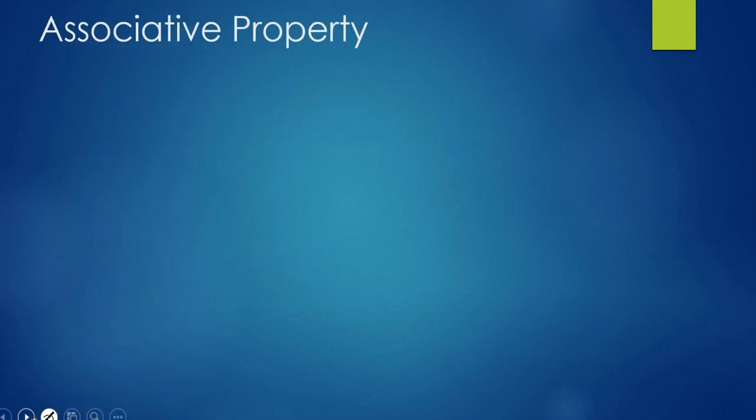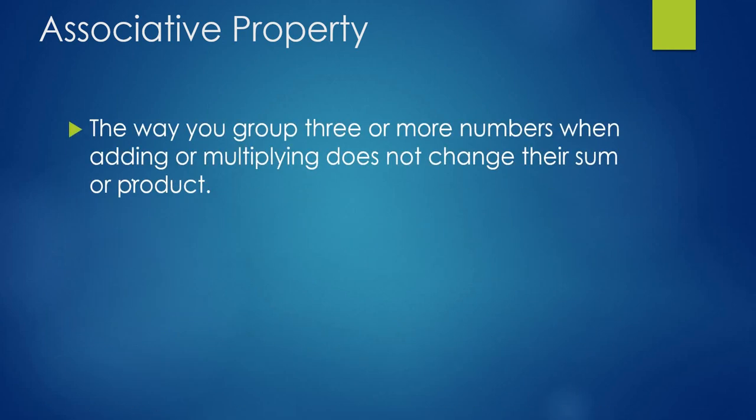The associative property, who you associate with, who you are grouped with. The way you group three or more numbers when adding or multiplying does not change their sum or product. Grouping. So A plus B, if I add those first and then add C, is the same as taking the B plus C and adding them together first and then adding A. The same thing can happen with multiplication.